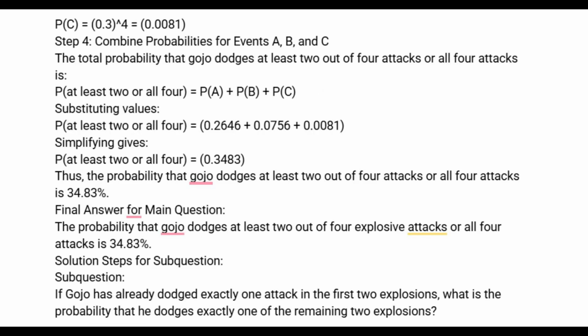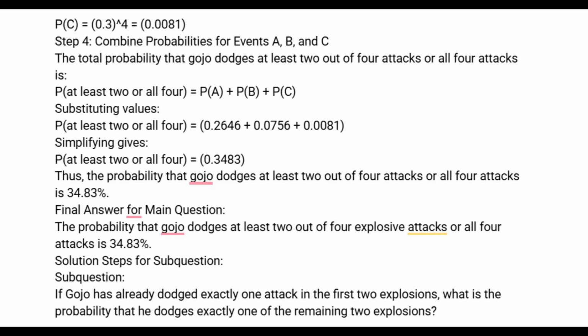Step number 4. Combine probabilities for events A, B, and C. The total probability that Gojo dodges at least 2 out of 4 attacks or all 4 attacks is P of at least 2 or all 4 is equal to P of A plus P of B plus P of C, which when you substitute will be equal to 0.2646 plus 0.0756 plus 0.0081.